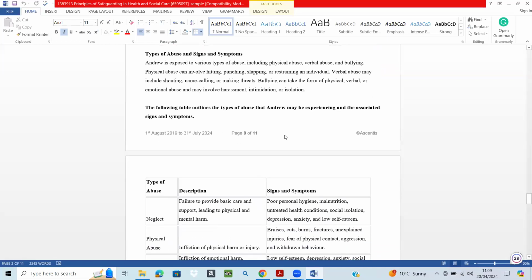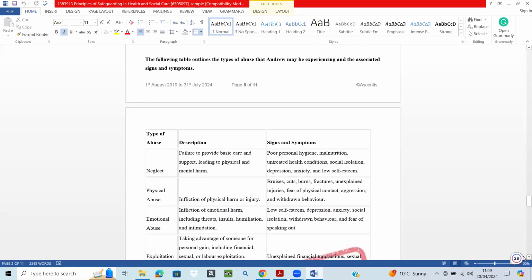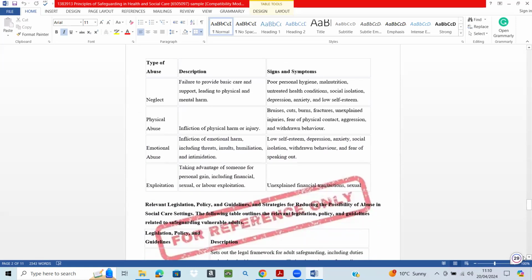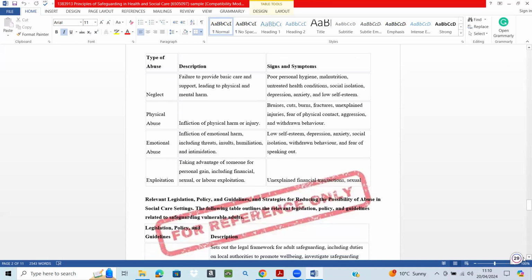Then, what could be the types of abuse that Andrew may experience, and the associated signs and symptoms? We need to discuss neglect, physical abuse, emotional abuse, exploitation, then the descriptions and the signs and symptoms. So this is again for your reference.